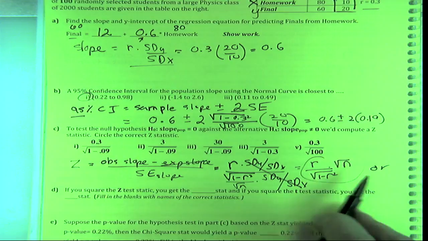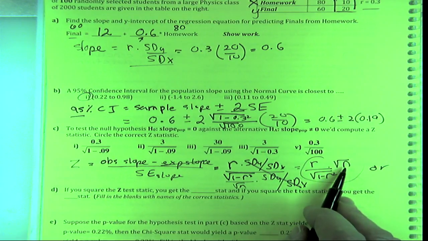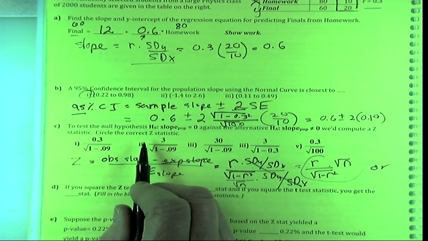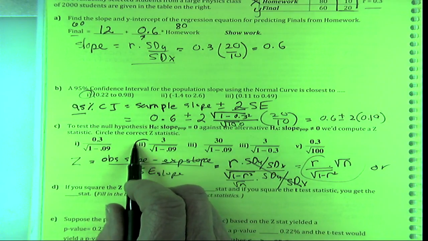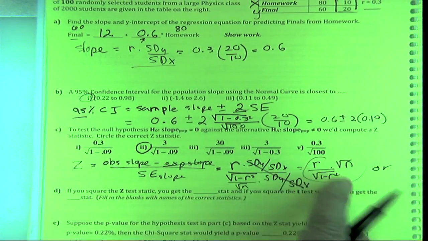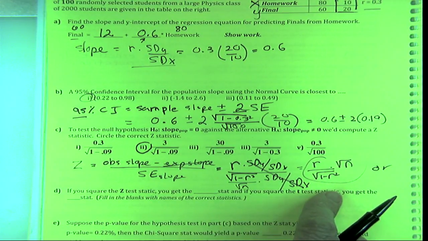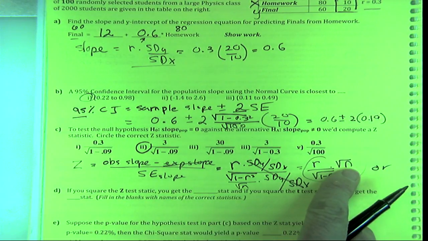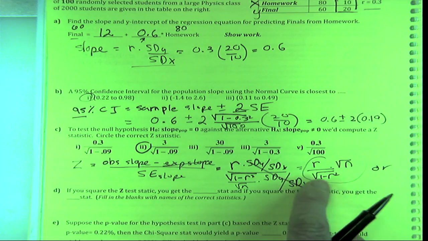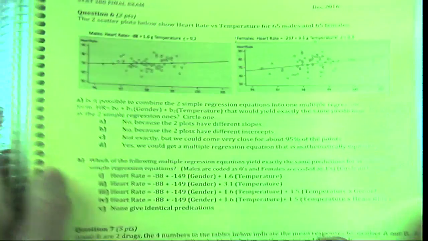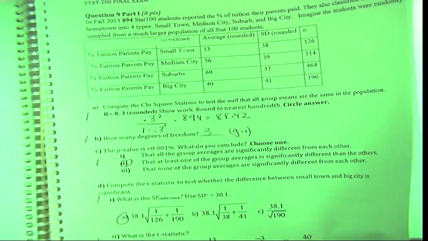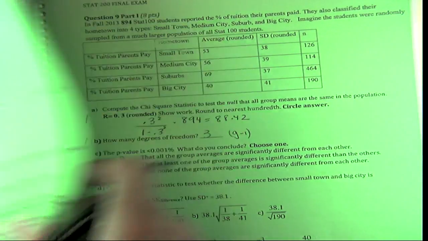It's 0.3 times 10 over this, so it's this one, correct? It's r times the square root of 100, and r is 0.3. Do I have that right in the back of the book? Just make sure I do.